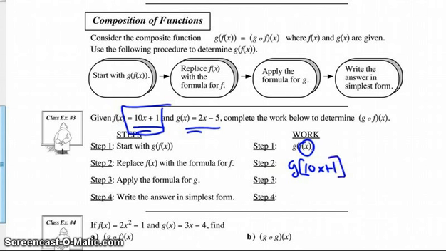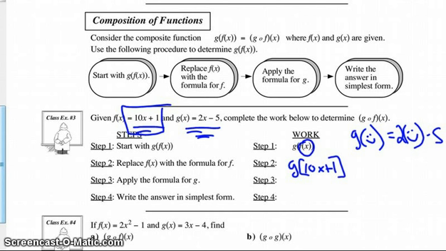And I'm hoping that you have this concept that a description of a function means that you take whatever input is. So if I told you that I wanted you to input a happy face into the function g, you would simply say, oh, Mr. K, that's easy. That's just 2 happy face minus 5, because g takes whatever you input and you multiply by 2 and subtract 5.